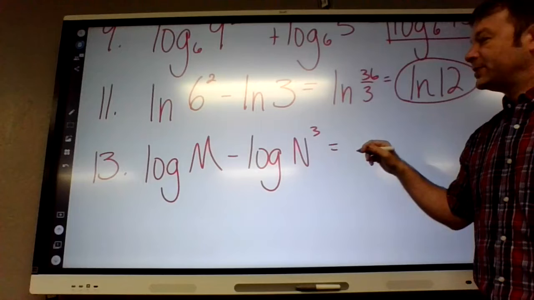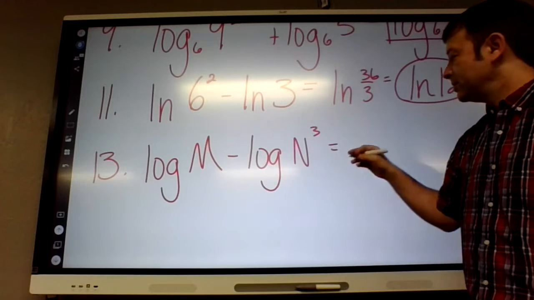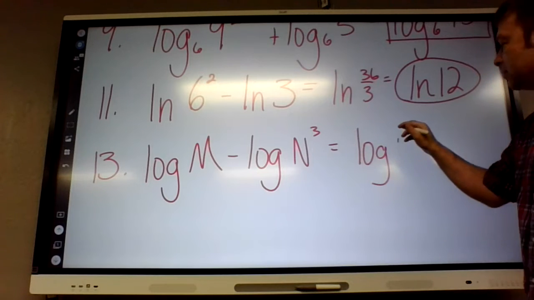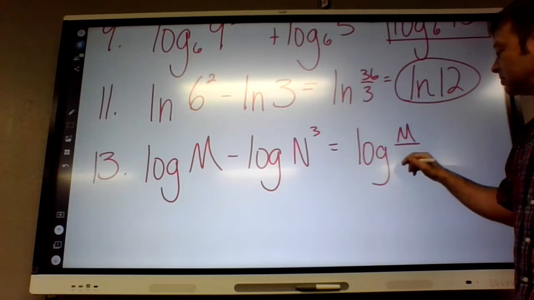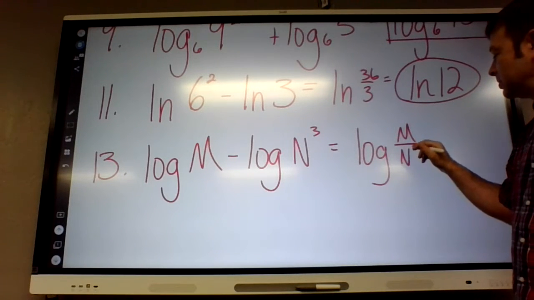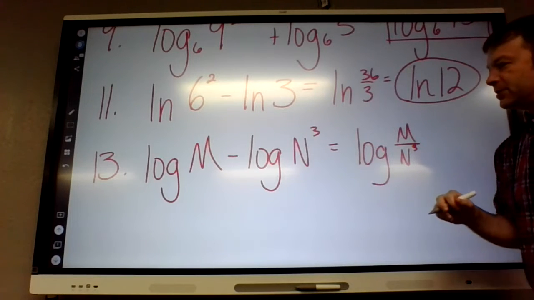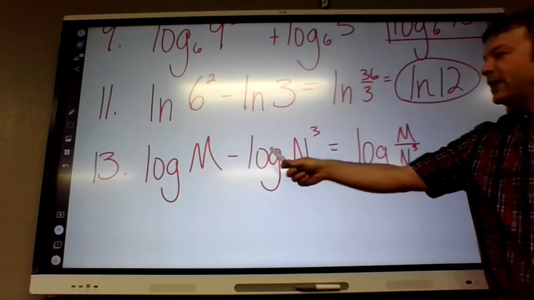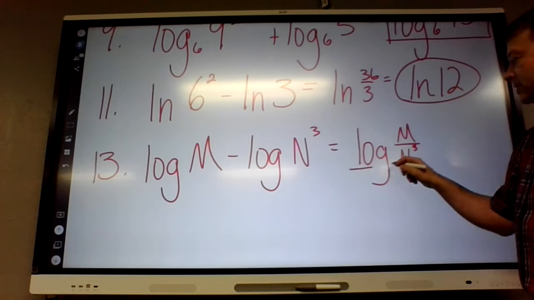Now we can't solve this because these aren't numbers, but you can do m over n to the -3. No, it's n to the third still. Okay. If you put it on top, it would be n to the -3. Okay. But we're dividing by n to the third. It just stays like that.